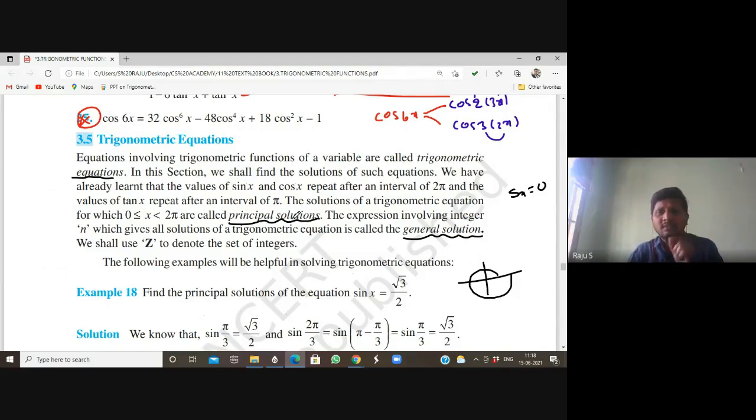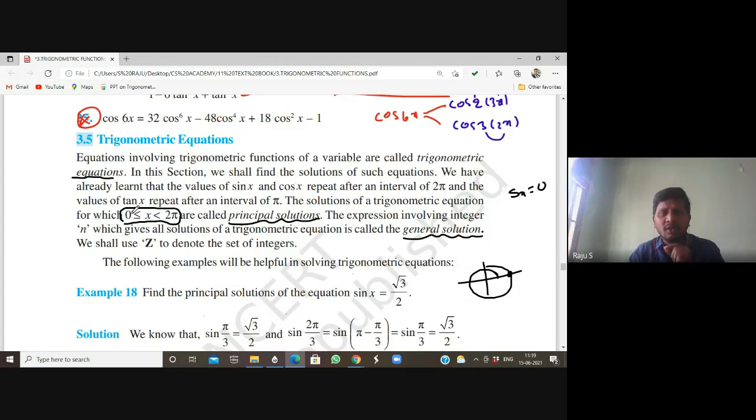The principal solution means the x value which lies within one complete rotation. After one complete rotation, again it becomes the first quadrant, it is a repeating process. If the theta value belongs to 0 to 2 pi, one complete rotation, then the solution is called a principal solution.